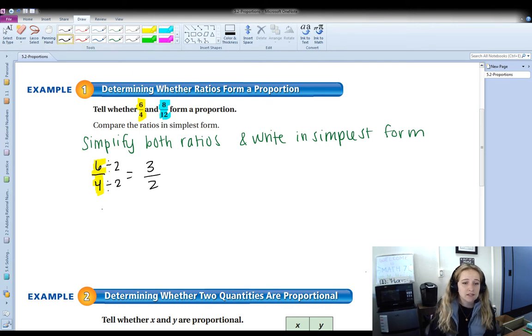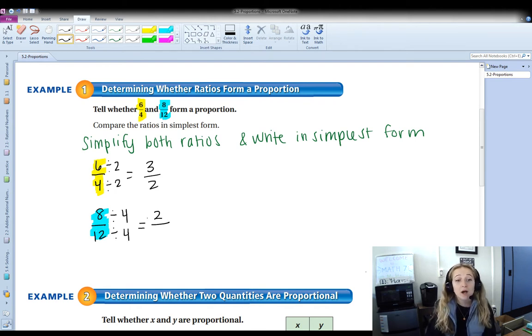And 8 over 12, we need to reduce it. What could we reduce both of these numbers by? Well, I know that 4 is a factor of all of these. So I know I could do 8 divided by 4 and also 12 divided by 4. 8 divided by 4 will give me 2. 12 divided by 4 will give me 3. Okay, now both of them are simplified.